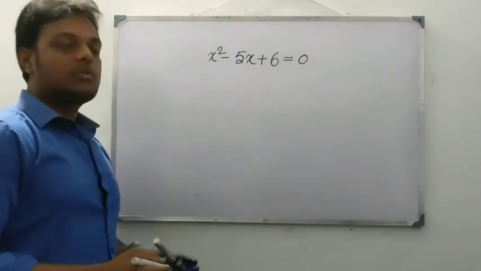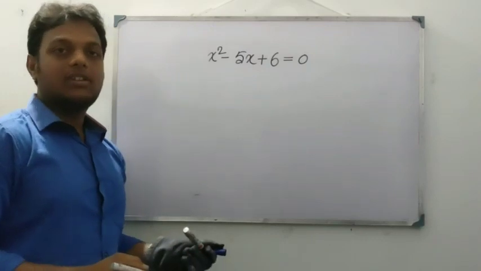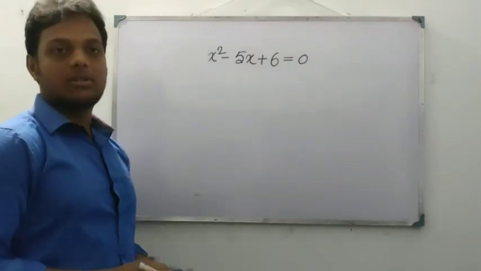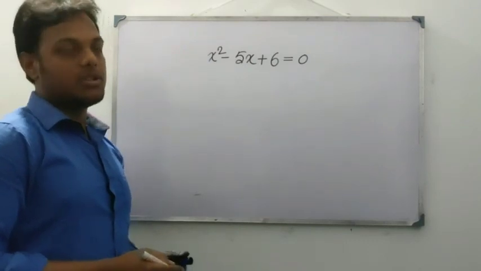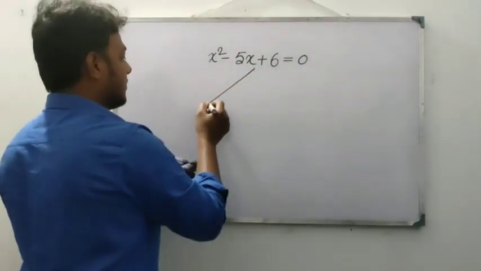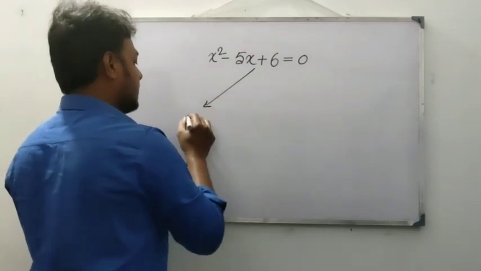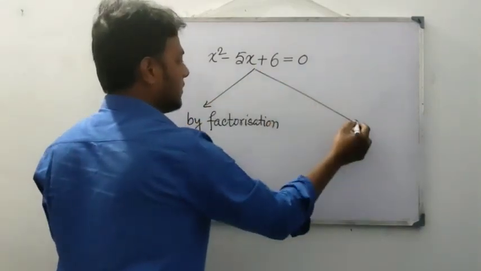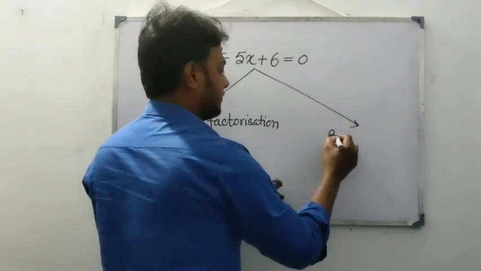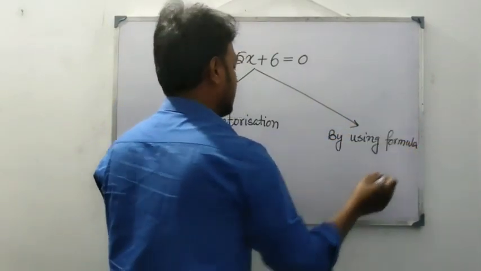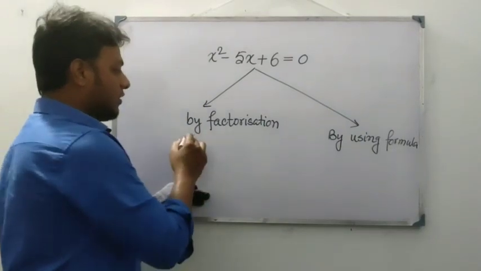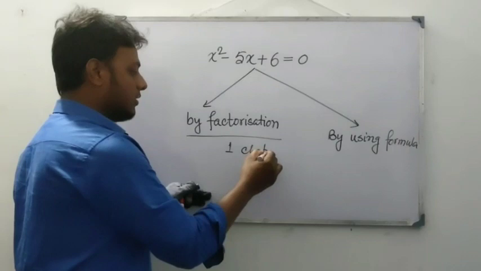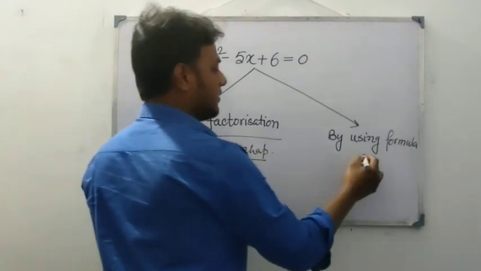We can solve a quadratic equation by using two ways. One way is by factorization and another one is by using the formula. So by factorization is your first chapter of quadratic equation, and this is your second chapter.